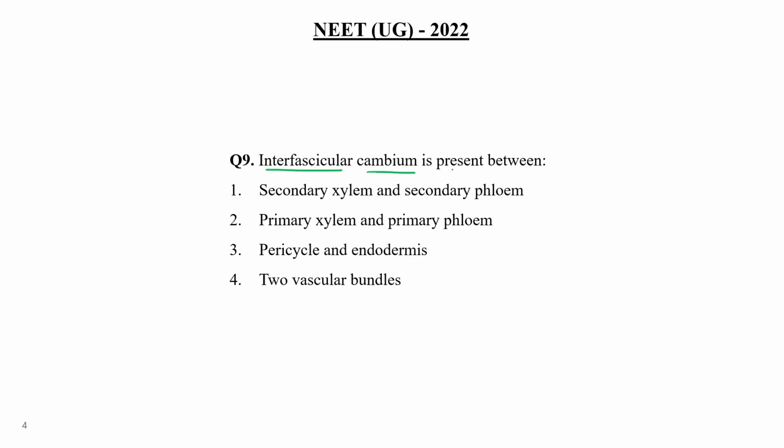Interfascicular cambium is present between: secondary xylem and secondary phloem; primary xylem and primary phloem; pericycle and endodermis; two vascular bundles. Just take 5 seconds. After that, we will discuss the correct answer.